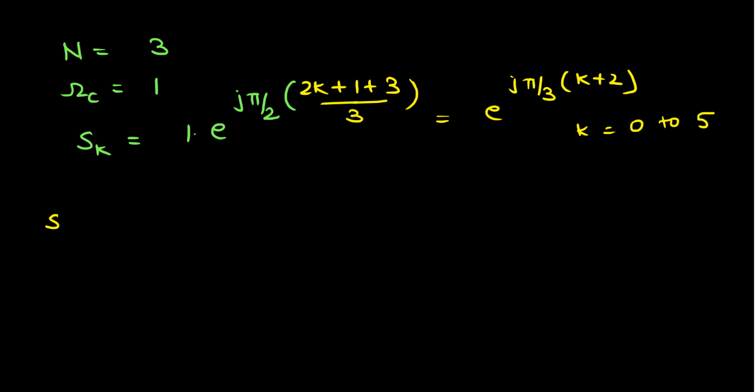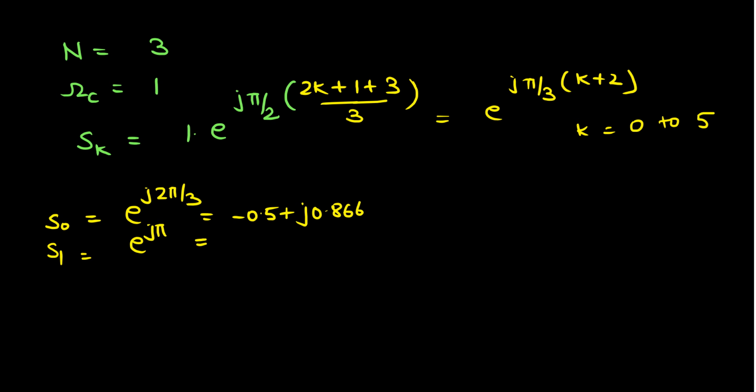So s0 will be equal to e to the power j pi by 3 into 0 plus 2, that is e to the power j 2 pi by 3, which is equal to minus 0.5 plus j 0.866. Then s1 will be equal to e to the power j pi, which is equal to minus 1. s2 will be equal to e to the power j 4 pi by 3, which is equal to minus 0.5 minus j 0.866.